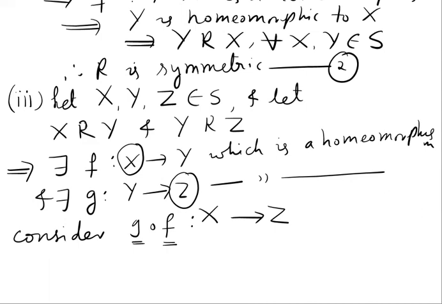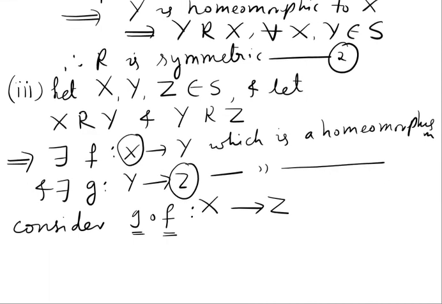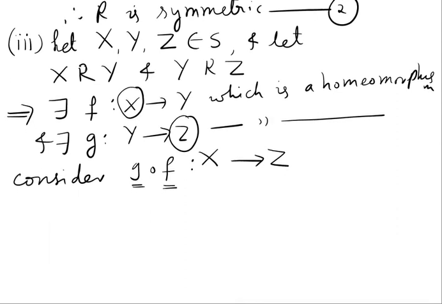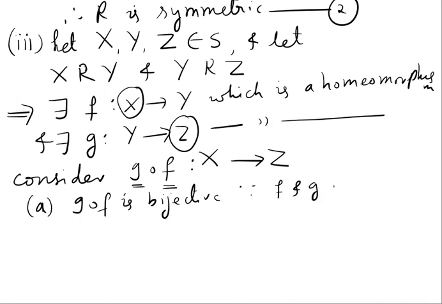And is g∘f bijective? Why is it bijective? Number one, or we can call it A: g∘f is bijective, because f is a homeomorphism, so f is bijective, and g is a homeomorphism, so g is bijective.